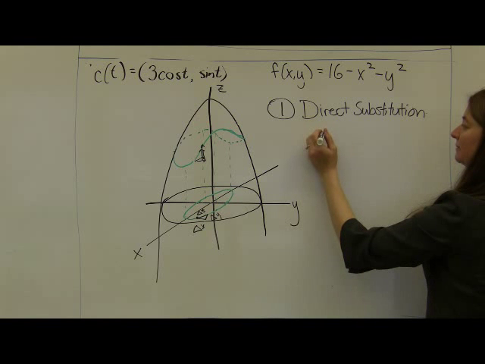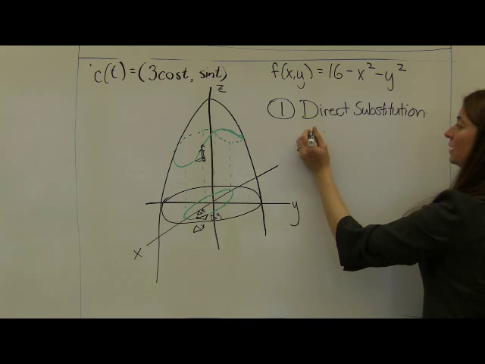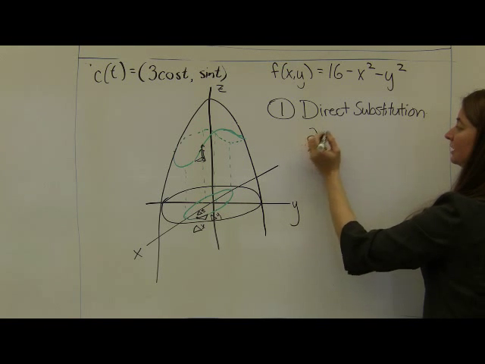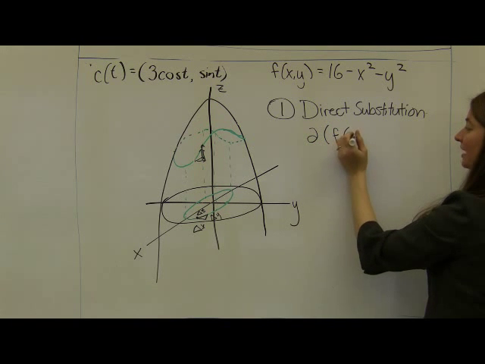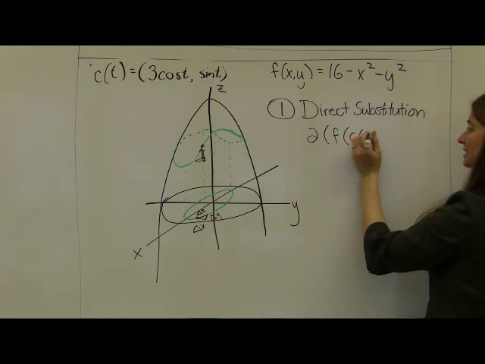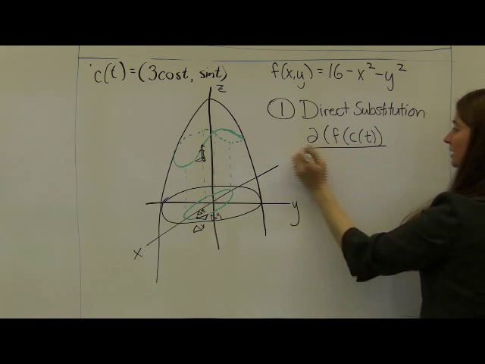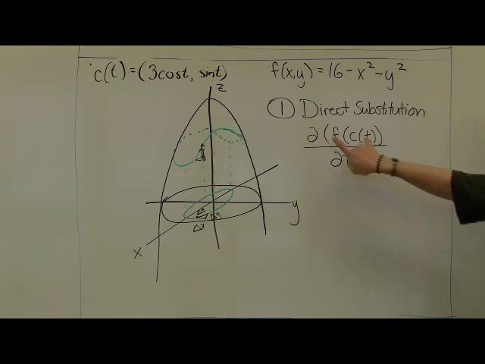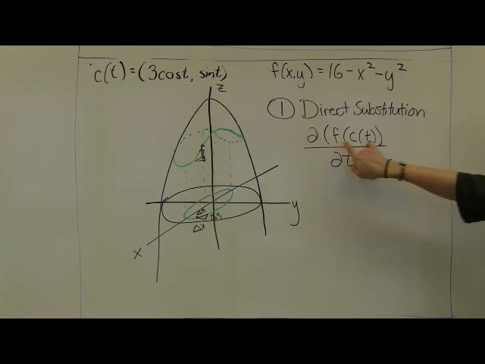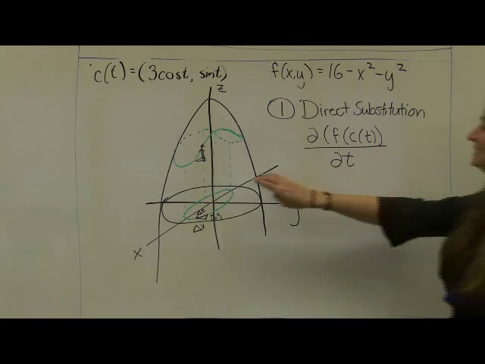So really what I'm asking is, I want to know what is the derivative of my f function that's evaluated along my path c of t with respect to time.